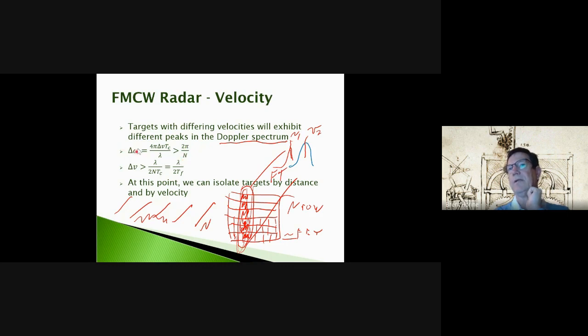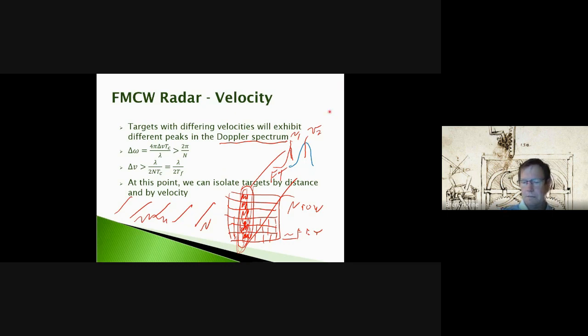So if we need finer resolution, we need a longer frame. Restated, delta V is going to be greater than your wavelength divided by this total frame time. So at this point, we figured out how we can isolate targets by distance and velocity, okay?